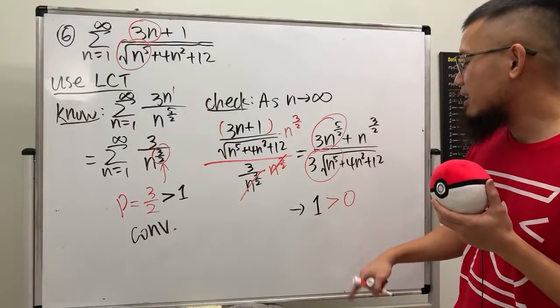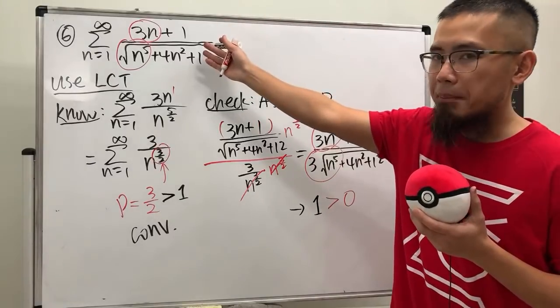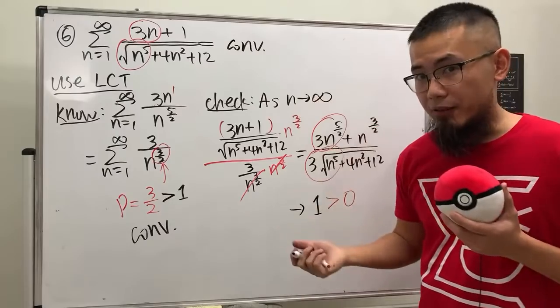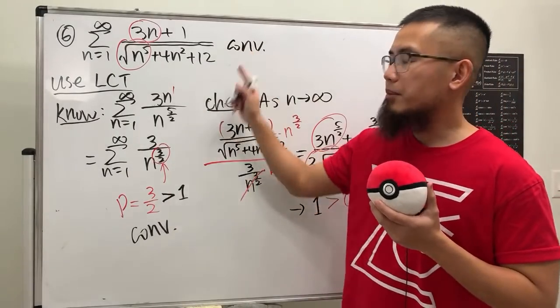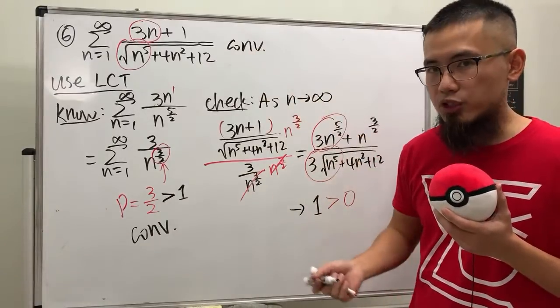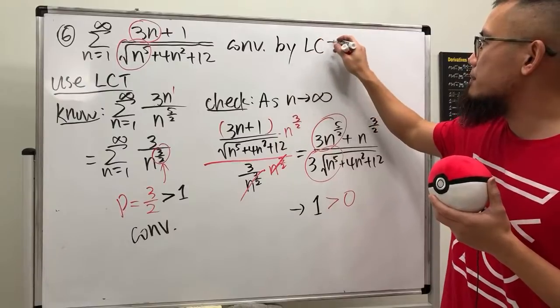If this is finite and it's greater than 0, we can happily come back here and say this right here also converges. They have the same conclusion. This right here converges, this right here also converges by the limit comparison test.